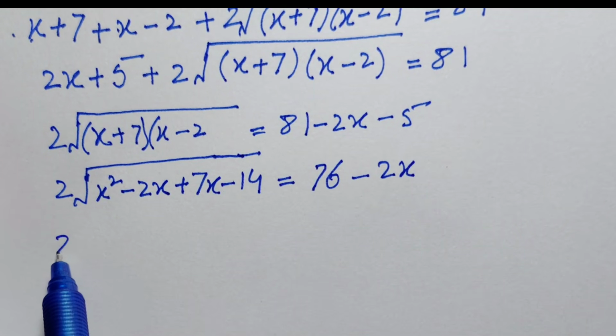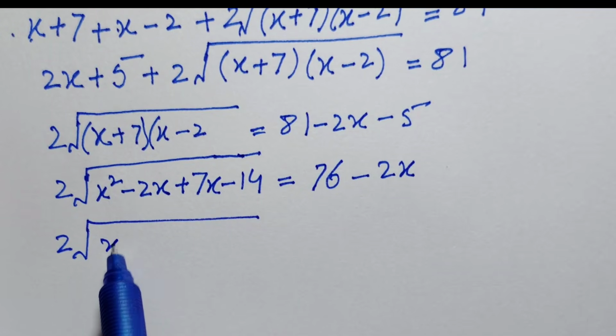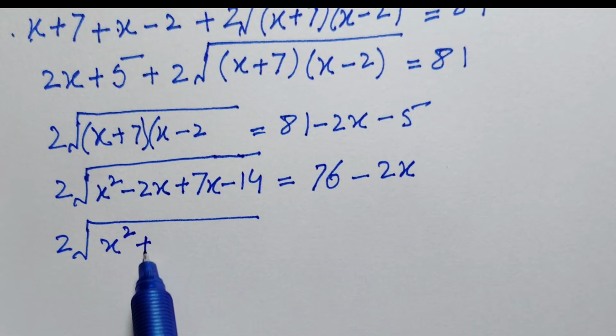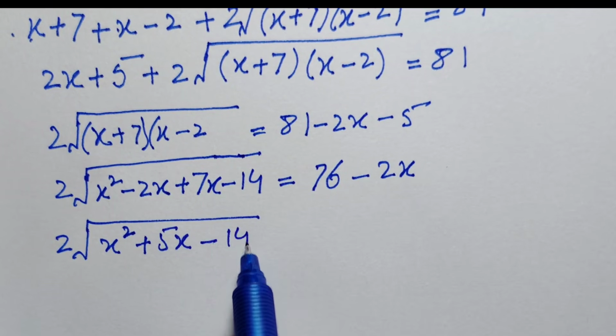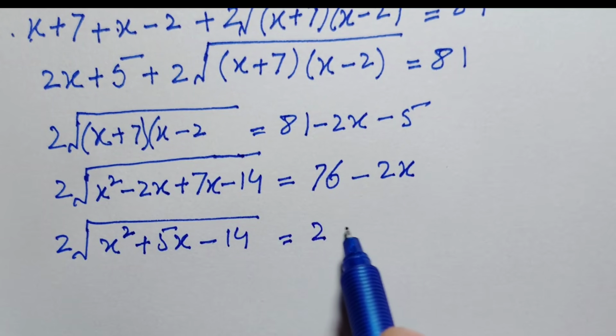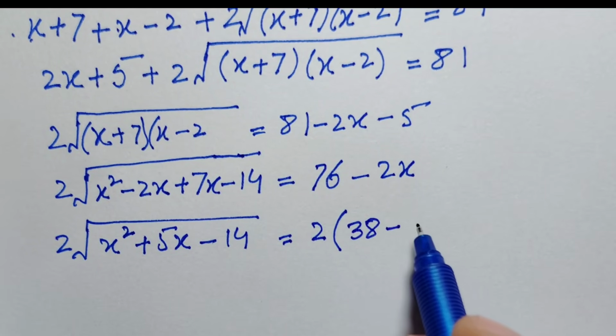Now here 2 into square root x square plus 5x minus 14 is equal to, now we take 2 common, it becomes 2 into 38 minus x.